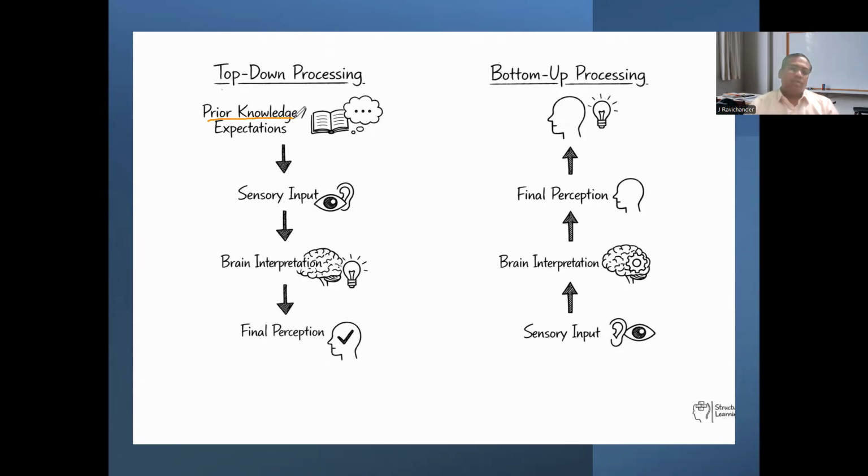For example, if there is an already known hero, you can easily process that information because it is in your mind. Expectations will be there, then you can sense the input, your brain will interpret it, and that perception will be stored in your brain.